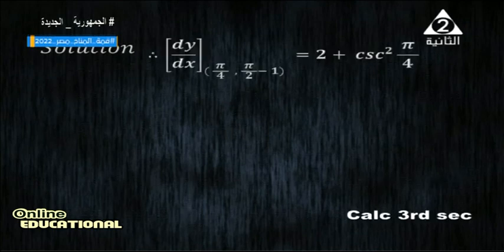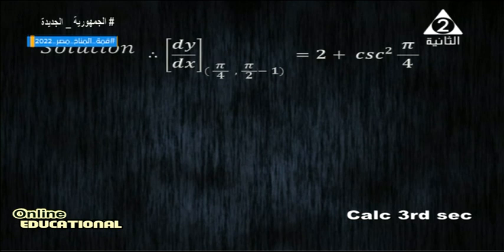Now, what is the slope of the tangent at the point (pi over 4, pi over 2 minus 1)? We substitute in the slope of the function, which is 2 plus cosec squared x, at the point (pi over 4, pi over 2 minus 1).